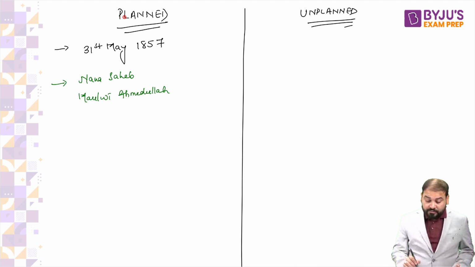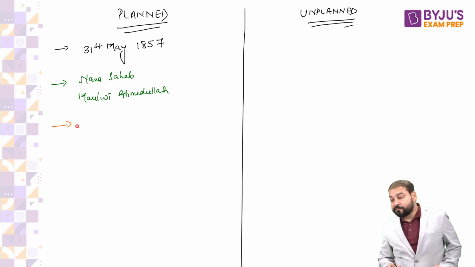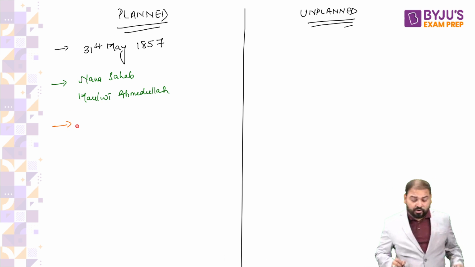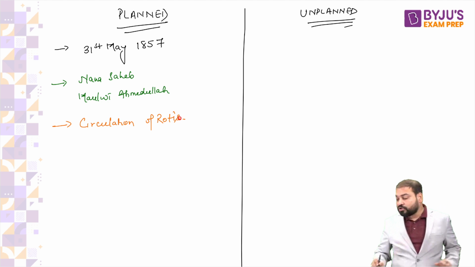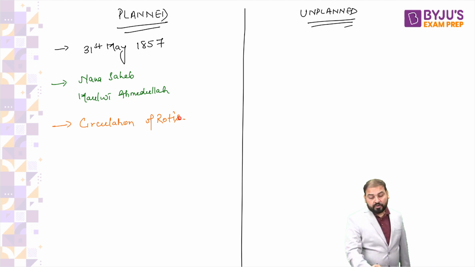And in their proof, they say that specifically in North India, just before the 1857, there was a lot of circulation of rotis.